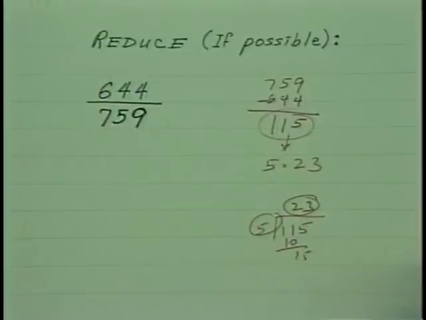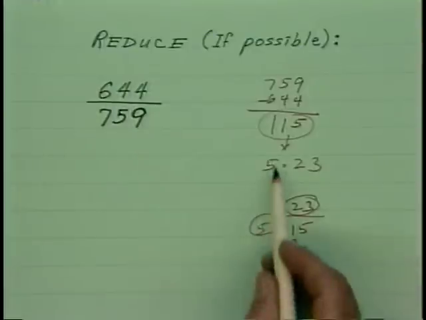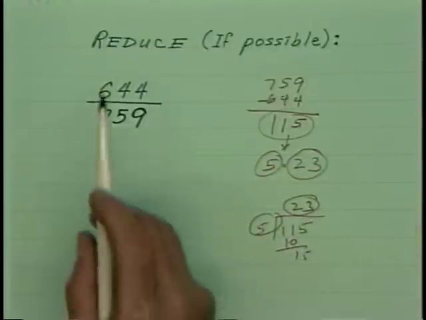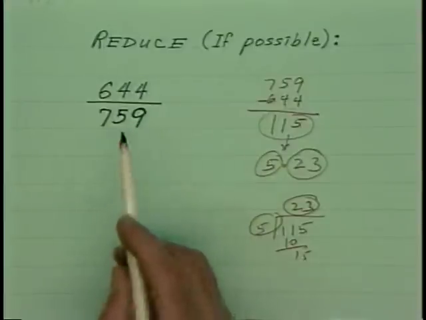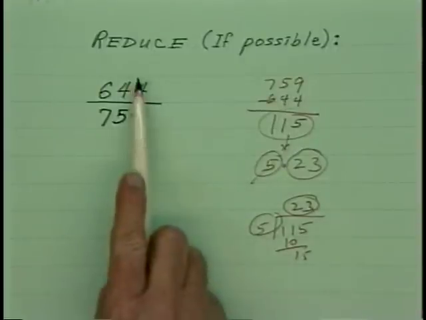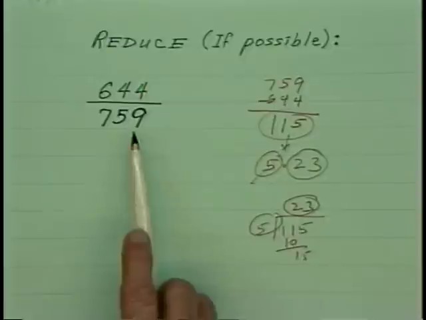So our shortcut technique says the only candidates to reduce this are either 5 or 23. Well, we can see by our divisibility test, by looking at these end digits, that 5 won't. So that means this is reducible by 23, or it's already reduced.